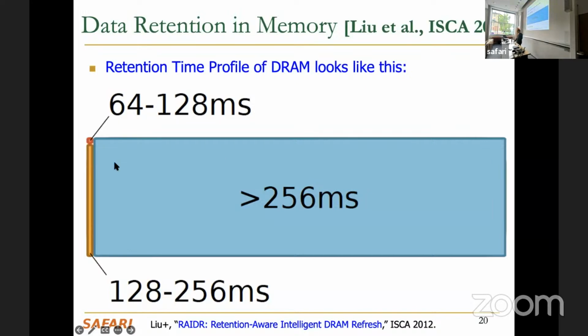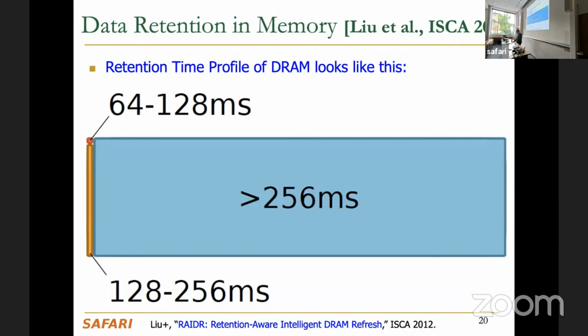Most of the cells can actually tolerate not being refreshed for 256 milliseconds, which is 4x the interval at which you're required to refresh DRAM today as defined by the standard. Which means that if this is true, and if you can expose this to the memory controller, you can actually get rid of most of the refreshes, more than 75%, as you can see, right? That's the idea over here.